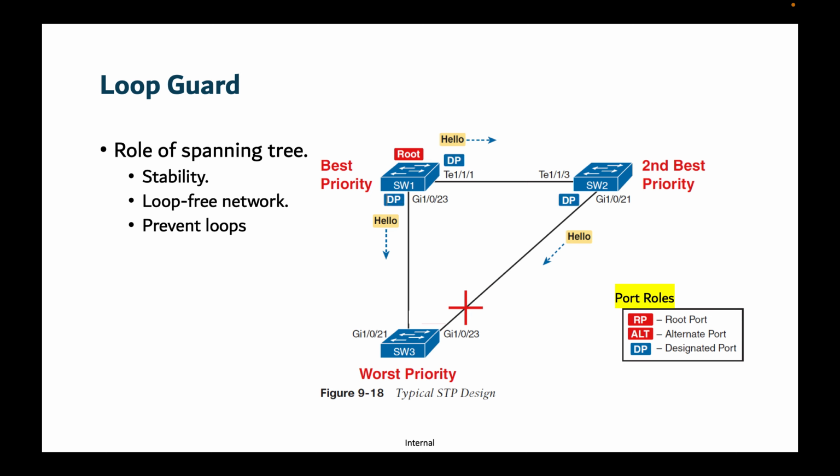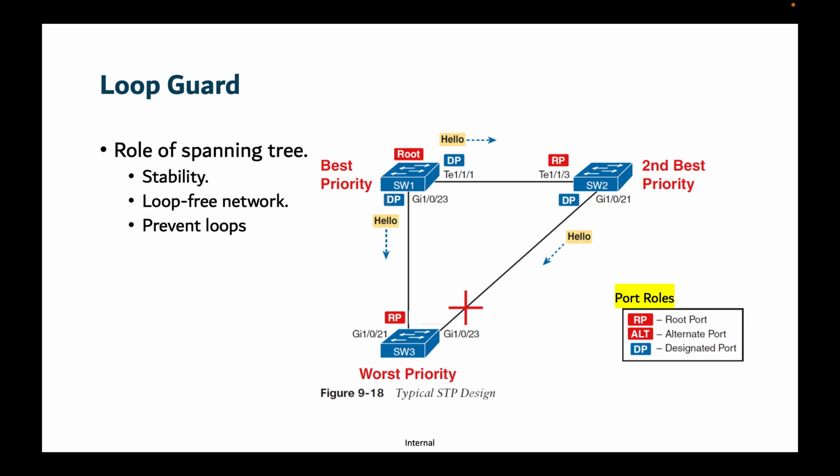Designated port: the port on each network segment with the best path to the root bridge is called the designated port and is placed in the forwarding state. Then we have the root port. The port on each switch with the lowest cost path to the root bridge is called the root port and is also placed in the forwarding state.